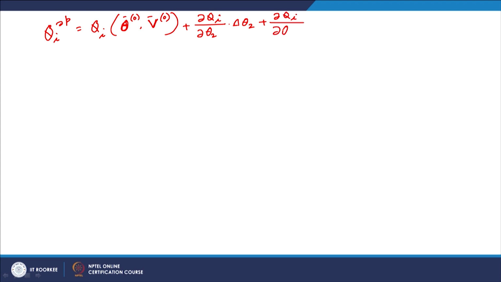What we get is that Qi specified is equal to Qi, a function of theta naught and v naught, plus del Qi by del theta 2 into delta theta 2, plus del Qi and so on.